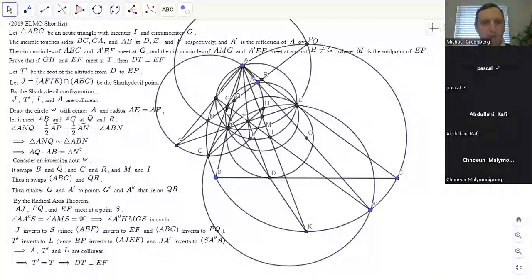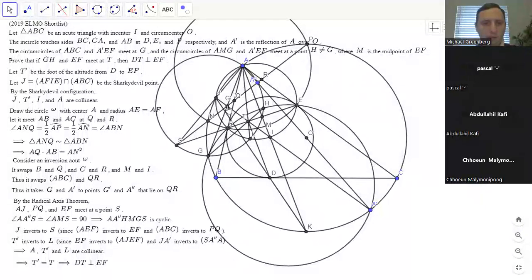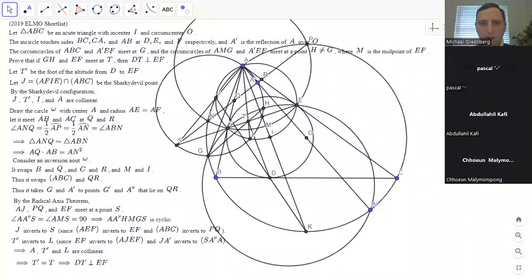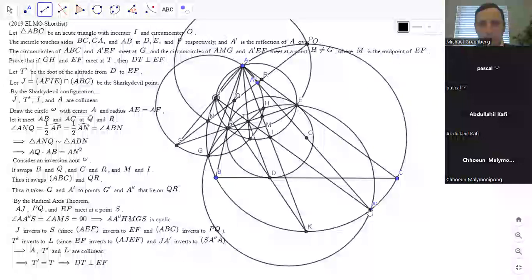Do we need G prime? I don't know if we need this circle right here. And I don't know if we really need G prime, so I'm going to delete it. So yeah, we don't need G prime, but we still want this.